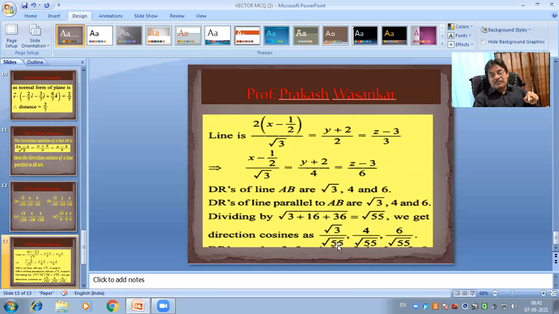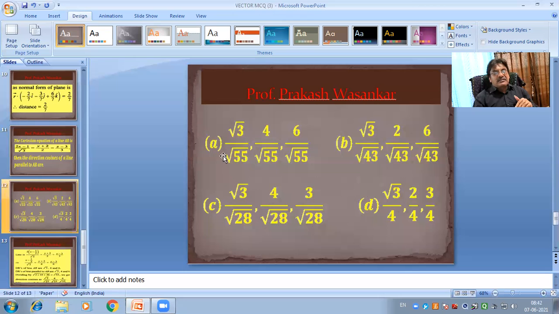So root 3 upon root 55, 4 upon root 55, similarly 6 upon root 55. This is the direction cosines of a line which is parallel to line AB, whose Cartesian equation is given. Therefore, A is the correct option.